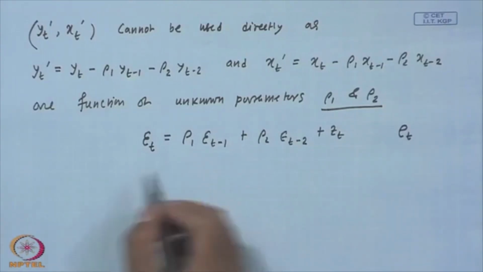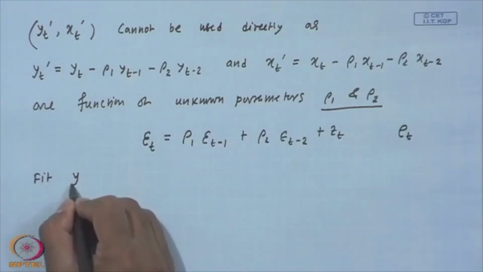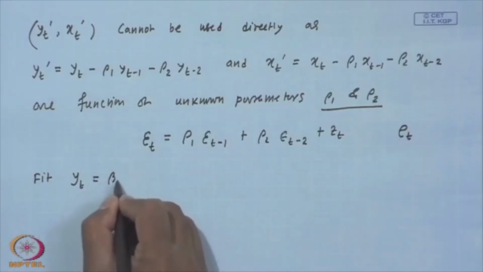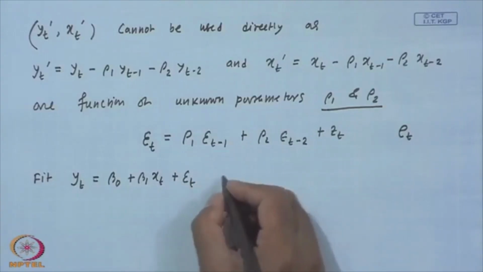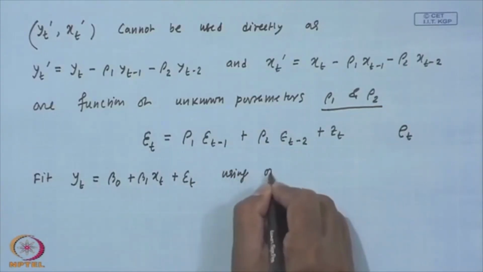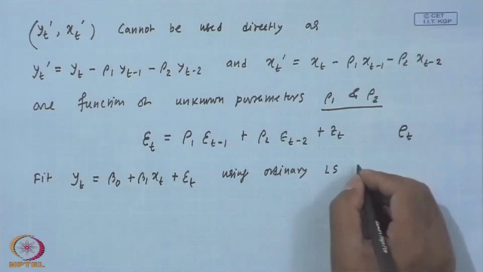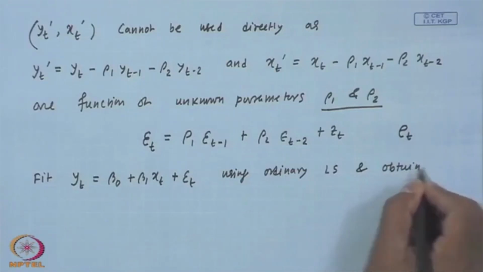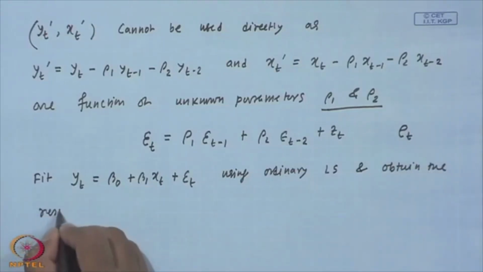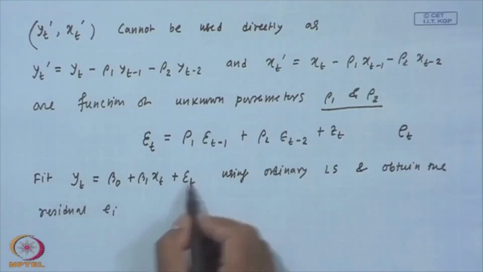So, what we do is that we fit this model y t equal to beta naught plus beta 1 x t plus epsilon t using ordinary least square technique and obtain the residuals e i. So, we will fit this model, ignoring the fact that they are autocorrelated.